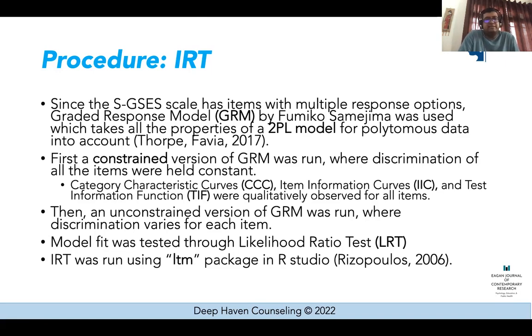So category characteristic curves, item information curves, and test information functions were qualitatively observed here. Now, these are the experimental things that I was talking about. And then we ran an unconstrained version of GRM, where the discrimination varies for each item. Then we did a model fit through the likelihood ratio test. And for this, we used the ltm package in RStudio by Dimitris Rizopoulos. So latent trait modeling, that's ltm.